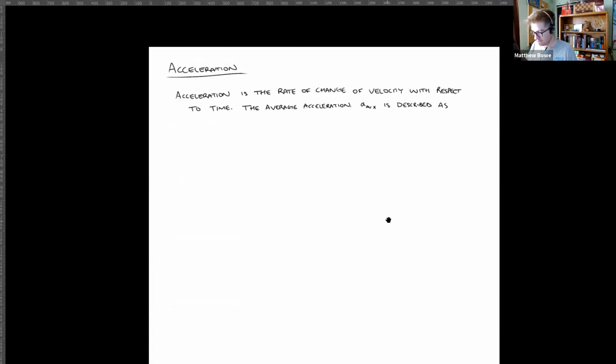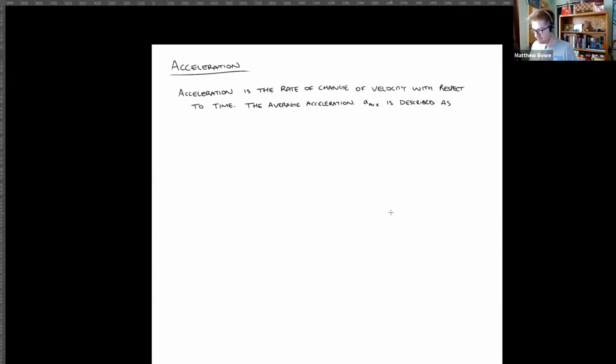So when you're in your car and you step on the gas pedal, if you're at a stoplight and then you start going, you go from a velocity of 0 to maybe up to the speed limit.